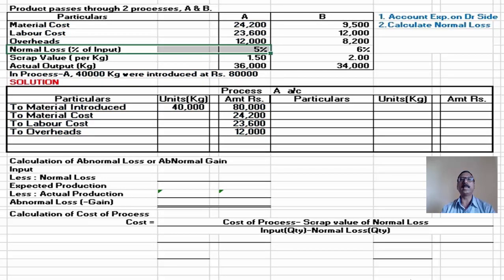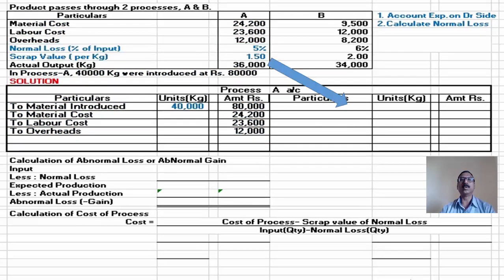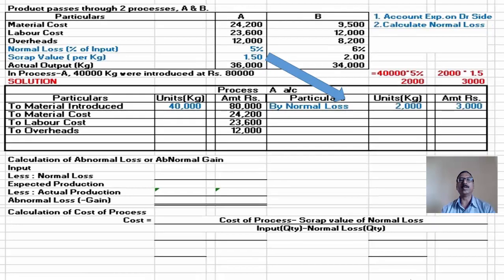Second step is calculate a normal loss. For calculating a normal loss, we have to use the information of normal loss, scrap value, and what is the input. On the basis of input and normal loss percentage, we calculate the quantity of a normal loss. So this is the calculation of a normal loss which is accounted on credit side.